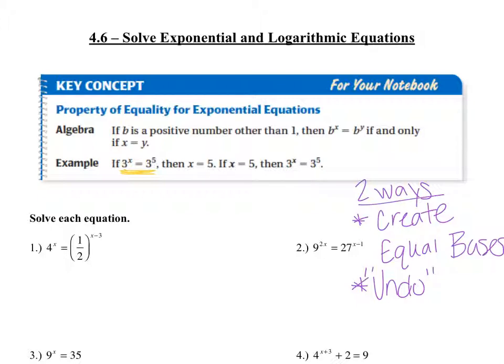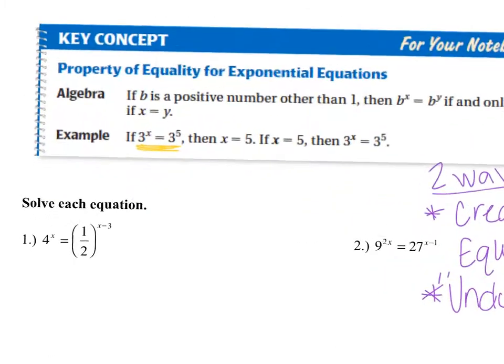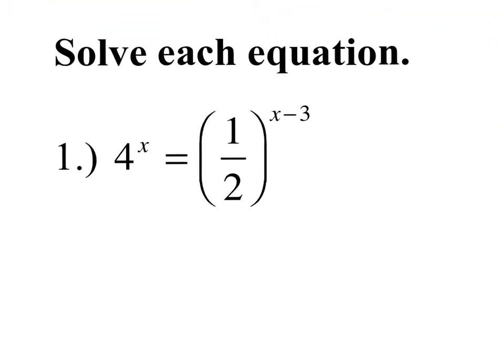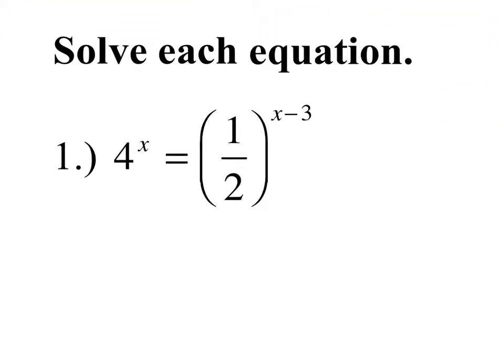If we take a look at number 1, it says solve the equation, and it gives us 4 to the x equals 1/2 to the x minus 3. If you have an exponent on each side, then you cannot solve this by undoing it. You have to create equal bases.